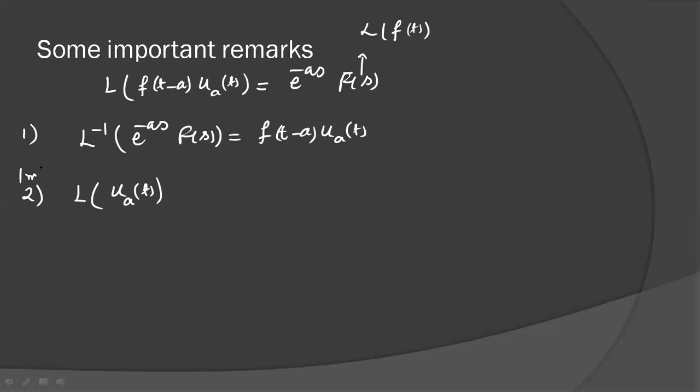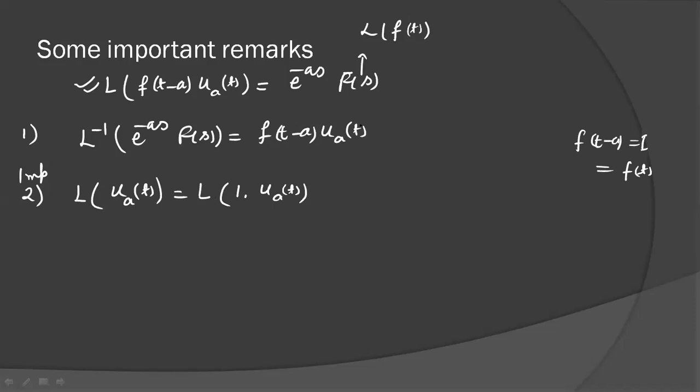This is an important result. This can be written as 1 into u(t minus a). Now compare with this result. What is your f(t minus a)? f(t minus a) is 1, and it will be equal to f(t) also, because this function is a constant function.